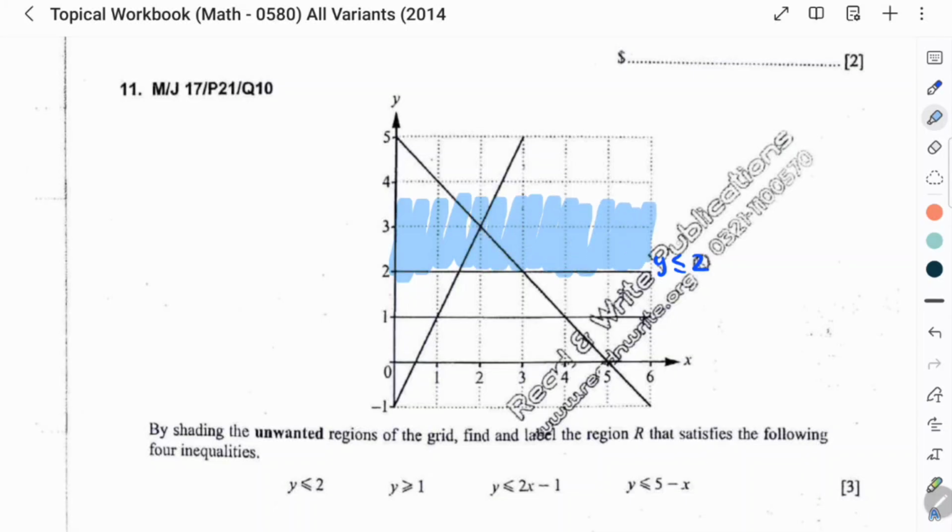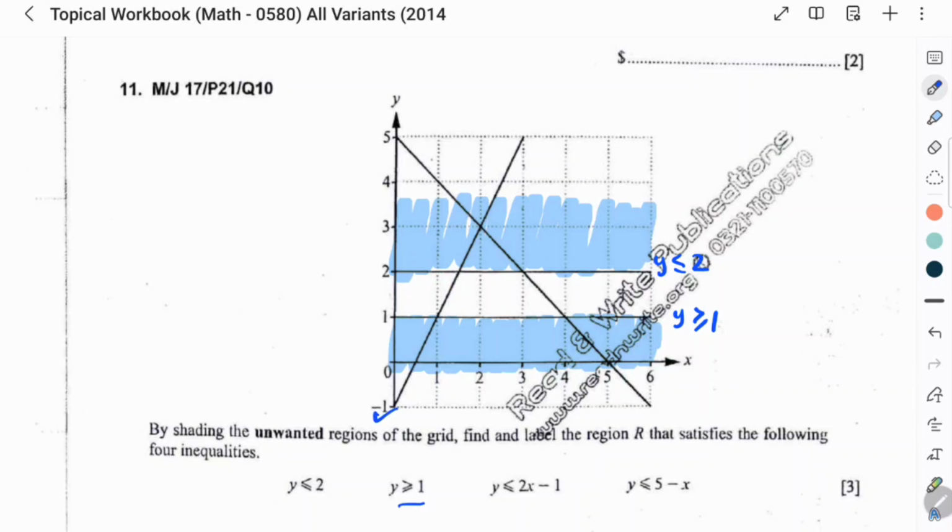Then afterwards the second inequality is y is greater than or equal to 1. So it means we will have the region above, so shade below, because we have to shade the unwanted region. Next, y is less than or equal to 2x minus 1. Minus 1 means this line, and the gradient is positive.